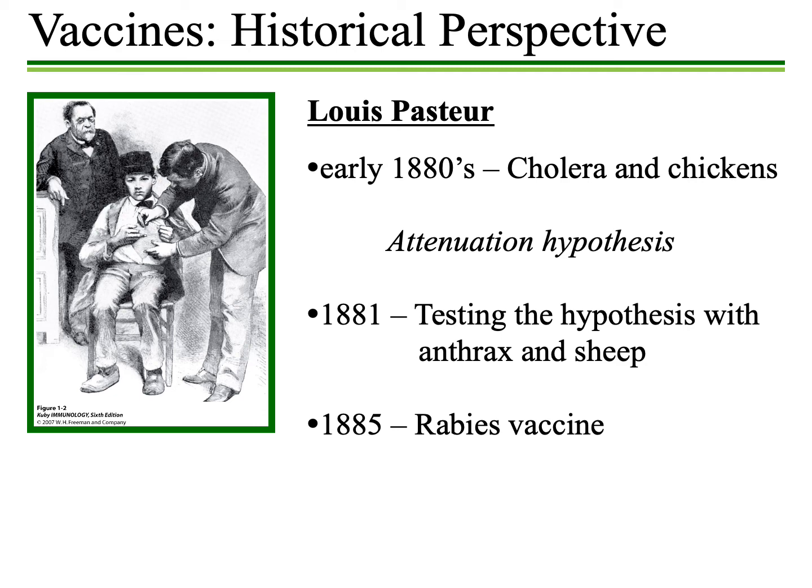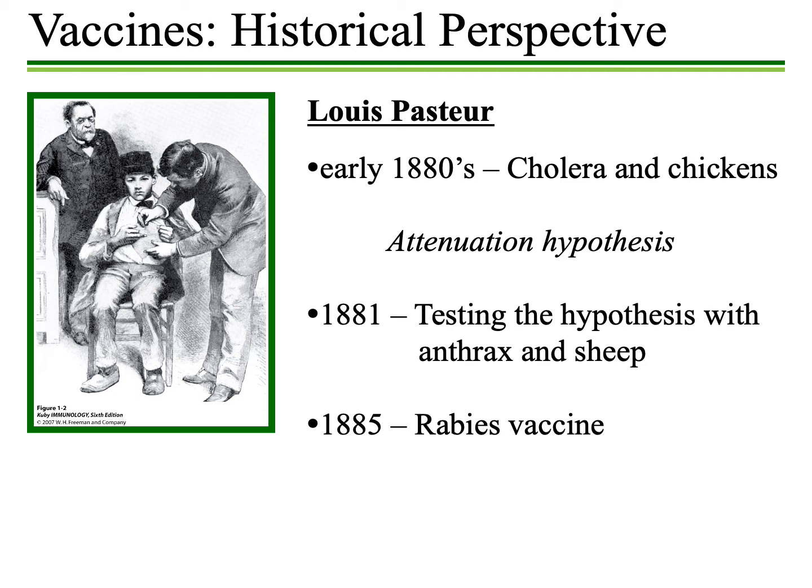He then took these sheep and challenged them with the new, fresher, virulent form of the anthrax bacterium, and found, in fact, that the sheep were immune to the more virulent form of anthrax had they been treated or vaccinated with an attenuated form previously. And this is really the birth then of our understanding of vaccine development, and how vaccines work.